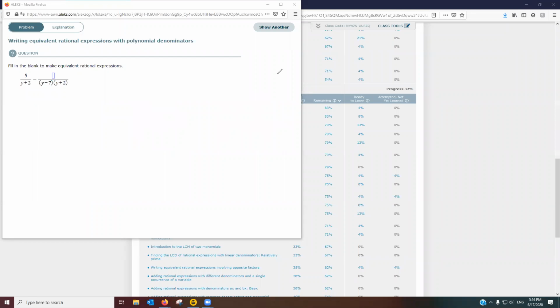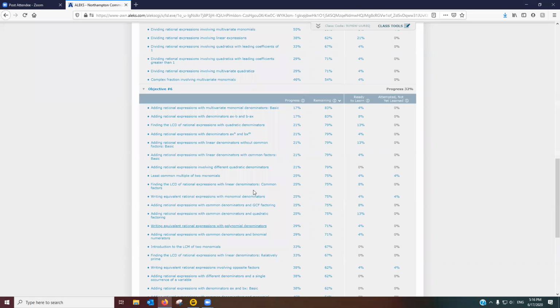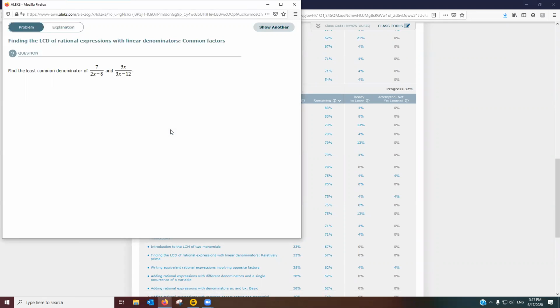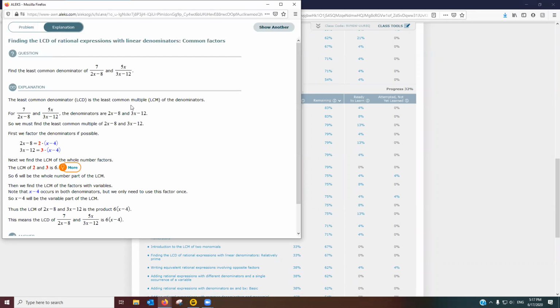All right, let me go to another example. Let's take a look at this example. It's asking me to find the LCD, that's least common denominator. By the way, folks, I want to remind you that when you're working on these kinds of problems, you have these explanations available.